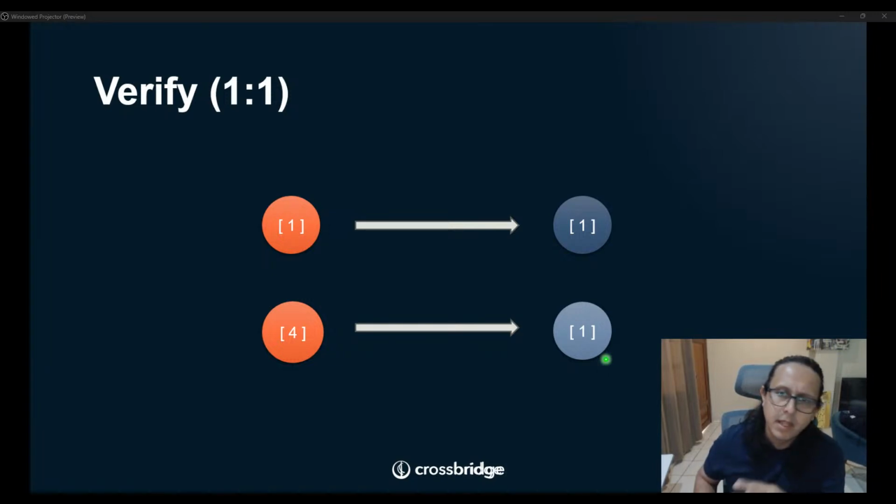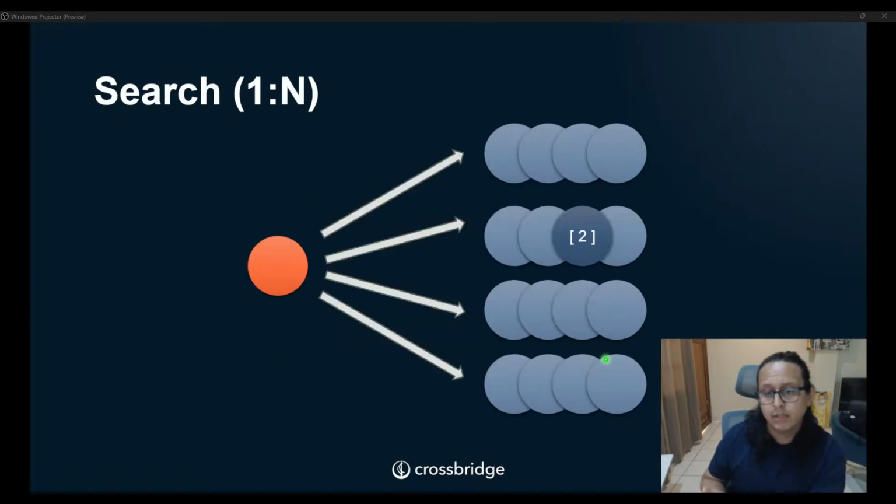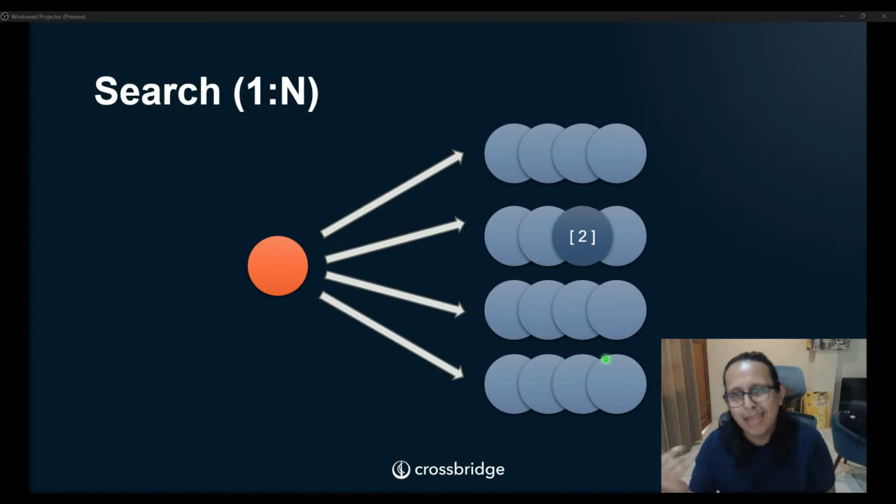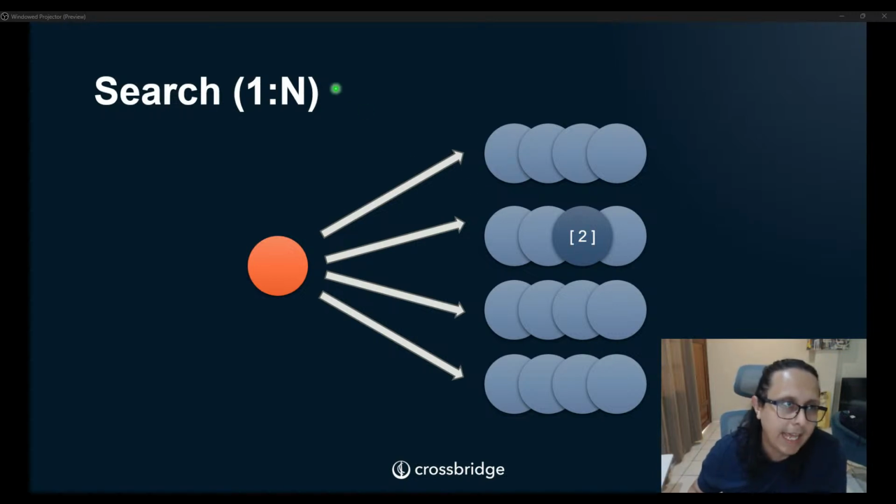And identification is different. For identification, we're going to run a 1 to N, N meaning the number of records that you have in your database, right?